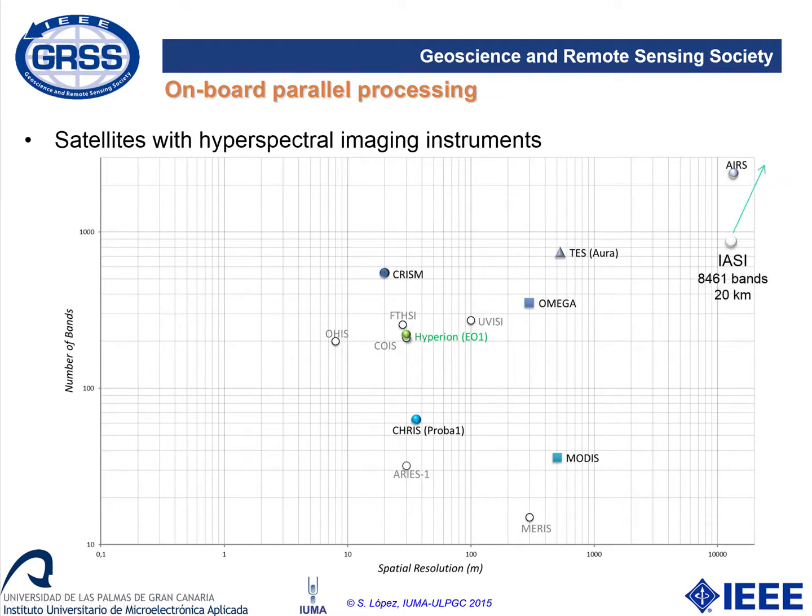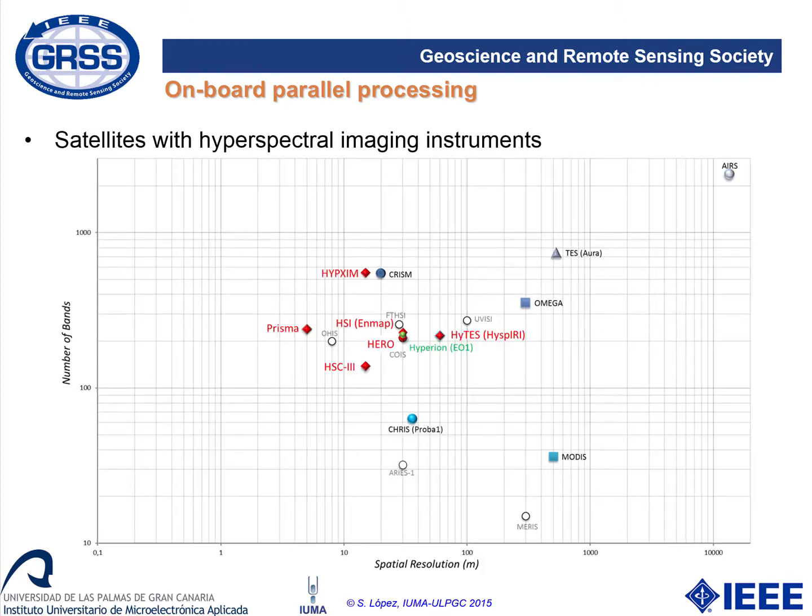And also we have some other satellites that are outside this graph. What we can see in red are satellites that are supposed to be launched in the near future. What I would like to express here is that all these satellites that carry hyperspectral imaging instruments of course can benefit from this onboard parallel processing that we will see later on. How can we do that?